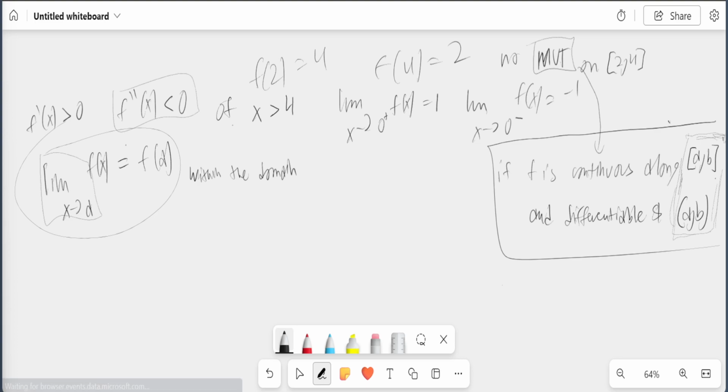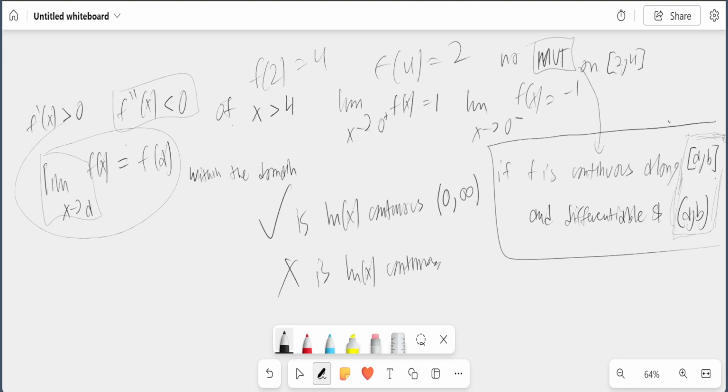If they ask if ln x is continuous from 0 to infinity, you would say yes, that's true. But is ln x continuous? It's not globally continuous, just along that domain. So actually, Derek, you're right. It is not continuous technically. Does that make sense? Yeah.